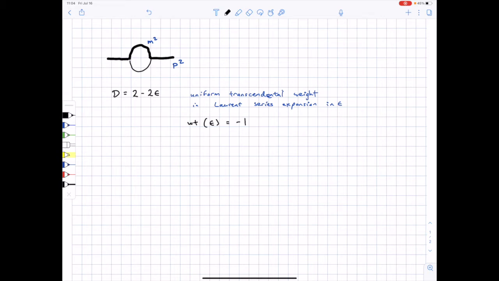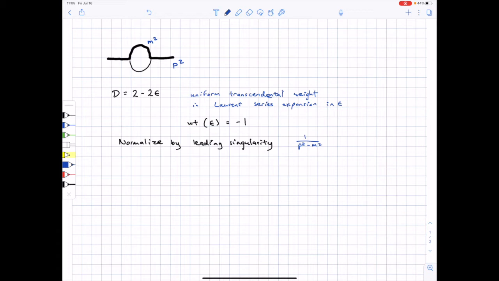Now, furthermore, it has an additional nice property: not only does each term in this series expansion have the same weight, but if we normalize the whole integral by what's called its leading singularity, in this case, it suffices to know that this is a function 1 over p squared minus m squared, some rational or algebraic function of the kinematic invariants in general.